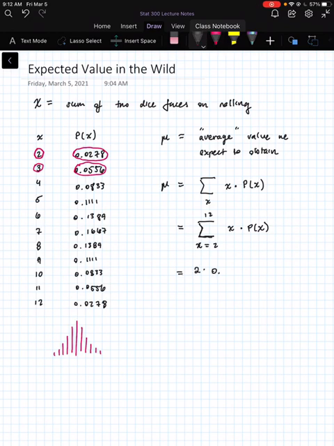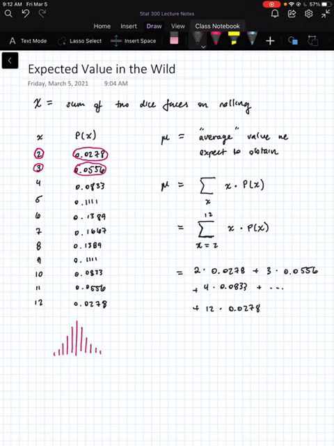So 2 times 0.0278 plus 3 times 0.0556, and so on down the line. I won't bore you with the details, but you can fill them in yourself. And we're working with approximations of these values.